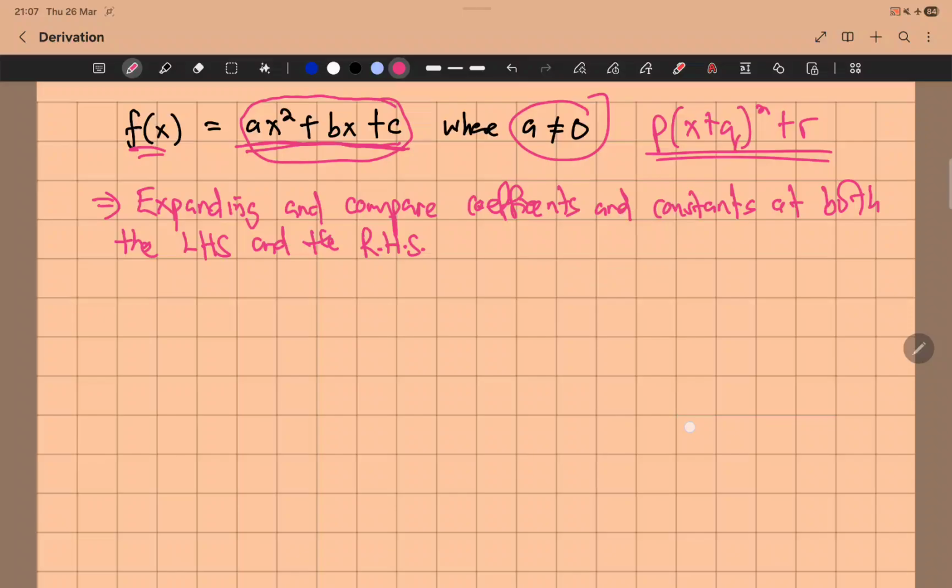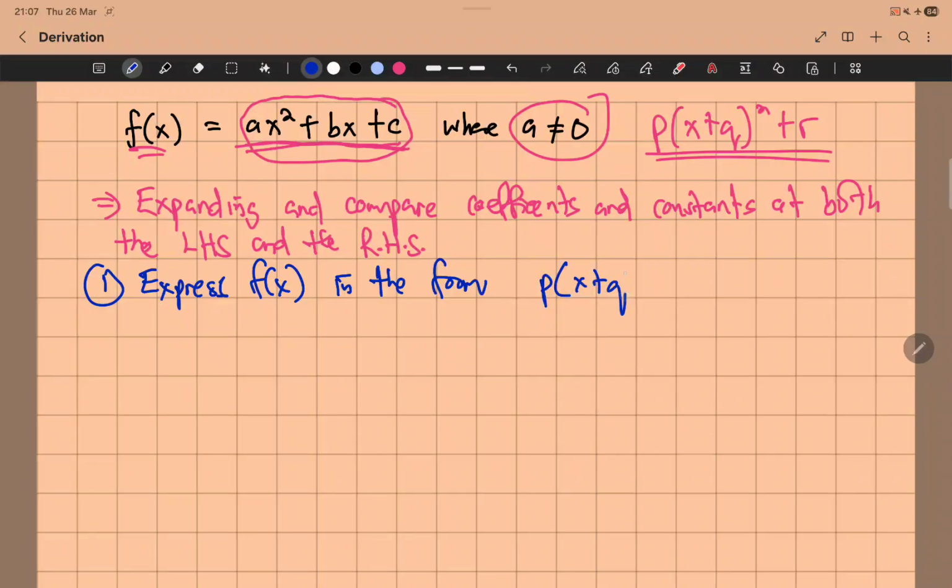So firstly, number one, we are going to express f of x in the form p bracket x plus q squared plus r. This is an exam type of question.